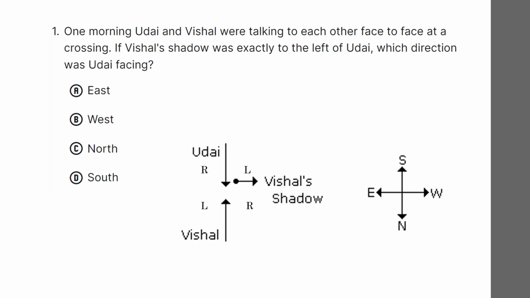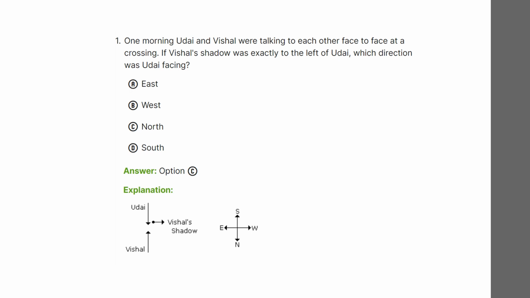So with this, once we have already drawn the east, west, south, north directions, you can see here in the morning the sun rises in the east and the shadow goes in the opposite direction, that is the west. And now west is nothing but Uday's left. So now you can come to your conclusion that the answer is C, that is north direction.